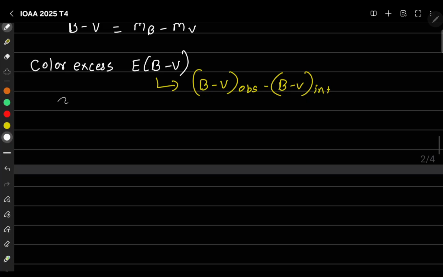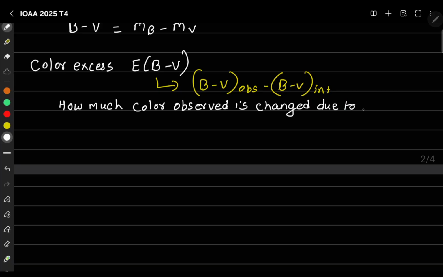So what does this mean? It means how much the observed color is changed due to extinction. This is provided by color axis.